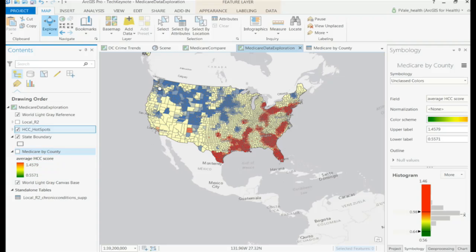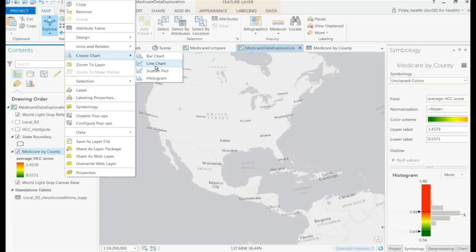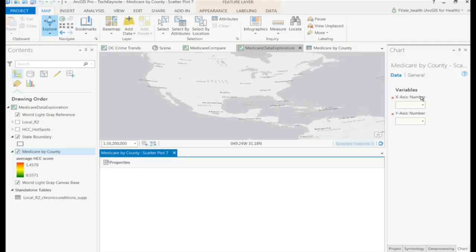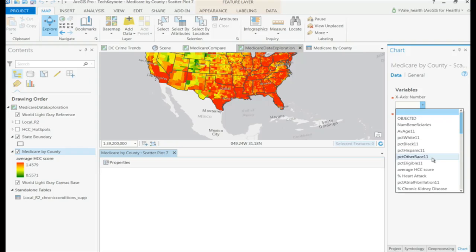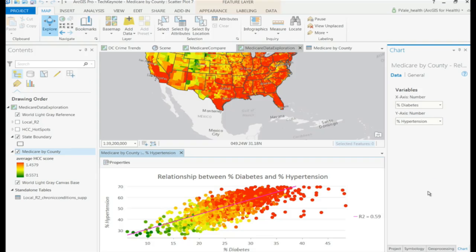To explore just one more relationship, as an example here with our county data, I'm going to create a scatter plot to compare two different chronic conditions. So we'll look at the percent of diabetes in each county versus the percent of hypertension. And here we see that we have a slightly stronger relationship between these two.